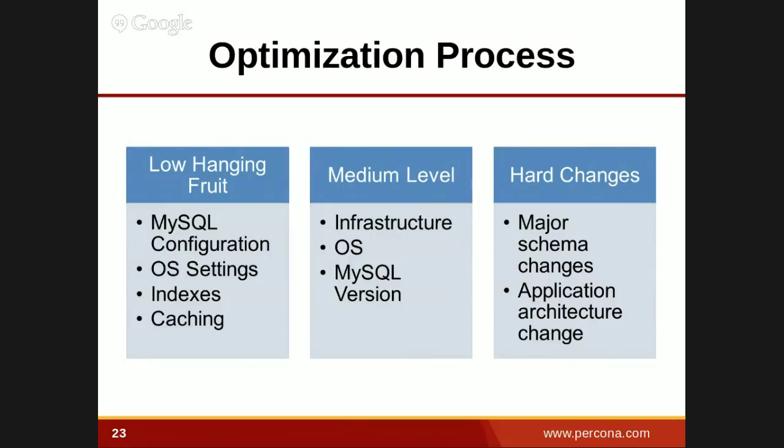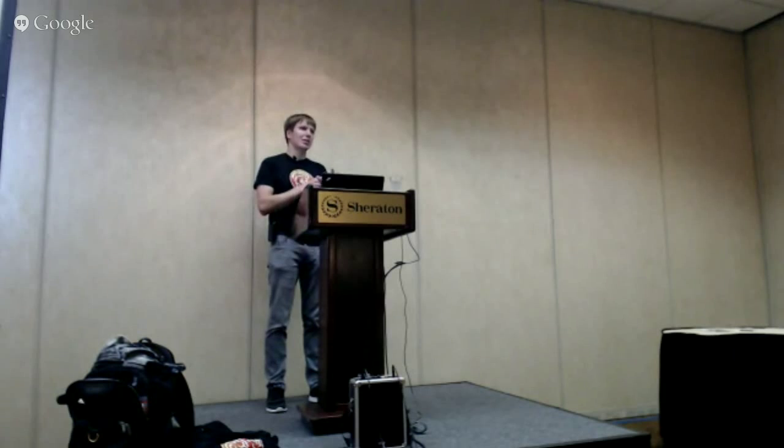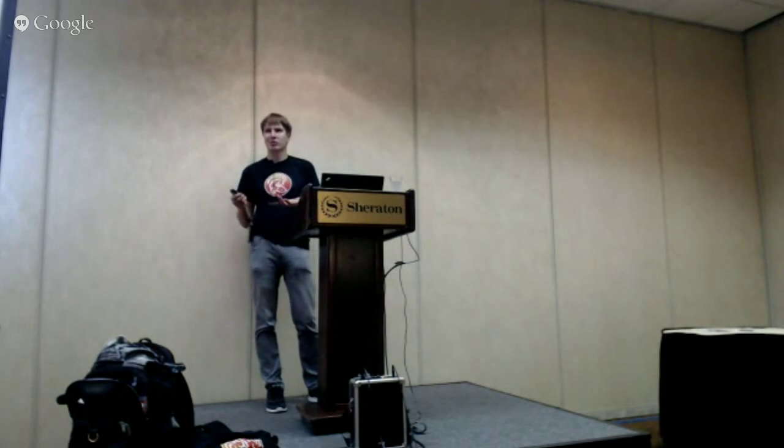And then the hardest changes, which are the most expensive ones, are major schema changes, right? Because if you rewrite your schema completely, you'll have to do a lot of application changes as well. And application architecture changes in general, right? If you have to rewrite the whole way your application works with data, that's also going to be the most expensive, right?